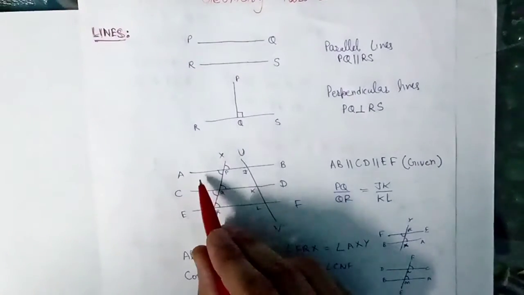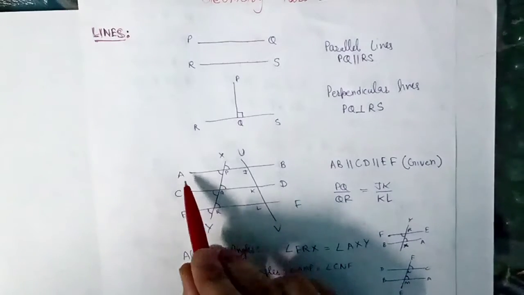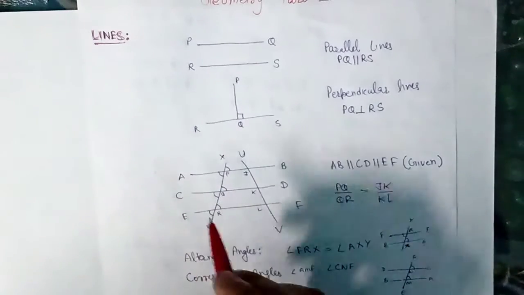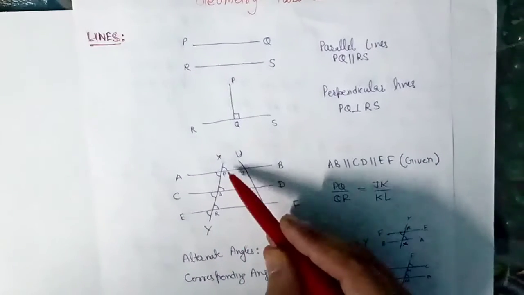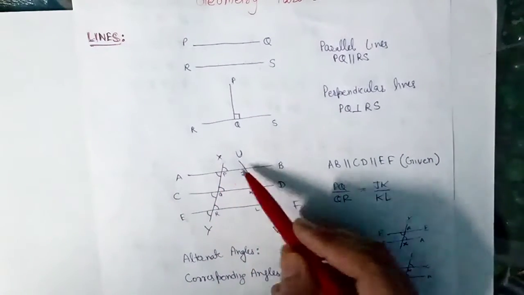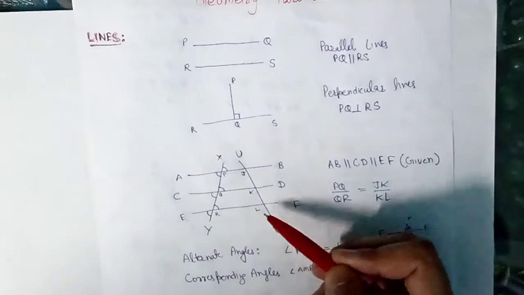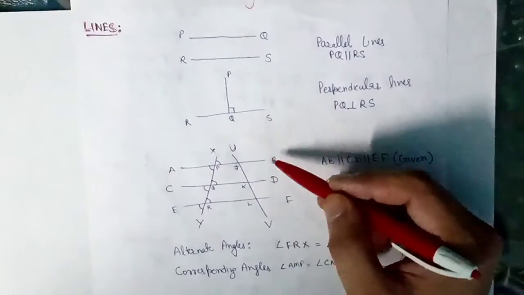So we have three parallel lines AB, CD and EF. And we have one line crossing AB, CD, EF, and another line which is also intersecting AB, CD and EF.